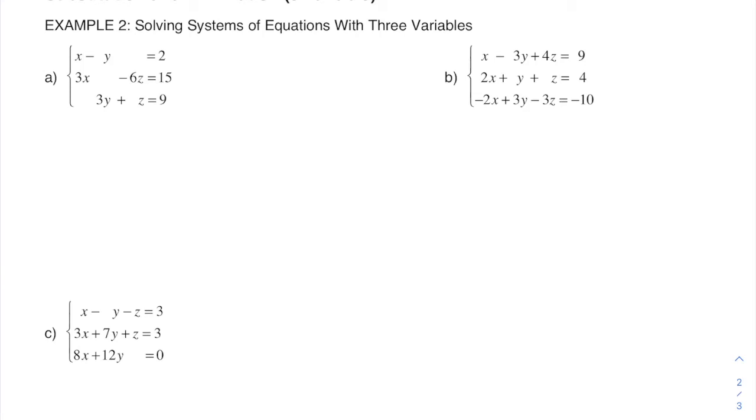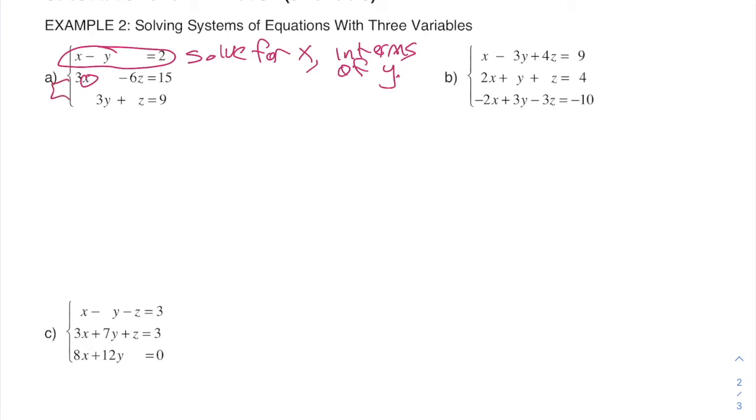So if I were to choose, I want to pick something that's pretty easy to solve. And looking at this, I could solve for x here and get it in terms of y. And then if I substitute it into here, and it's in terms of y, then it's a lot easier to work with just these bottom 2 equations versus trying to guess and see what the answer is.